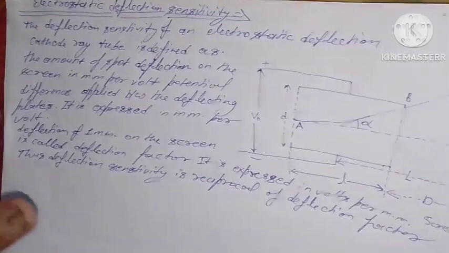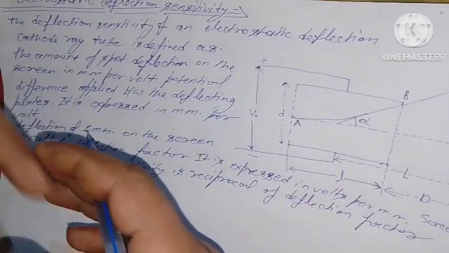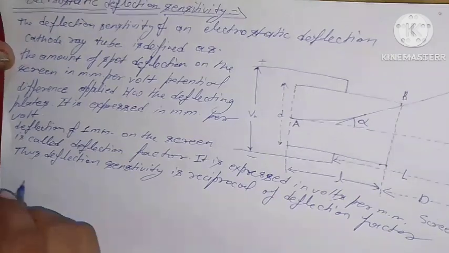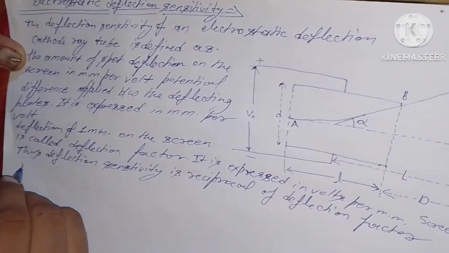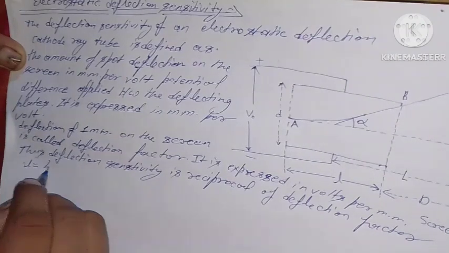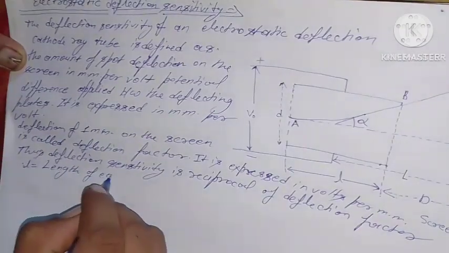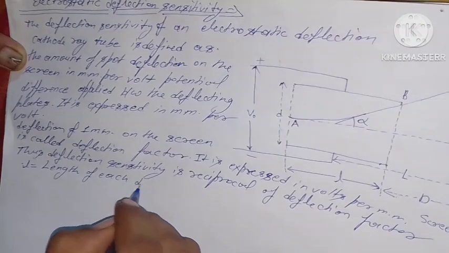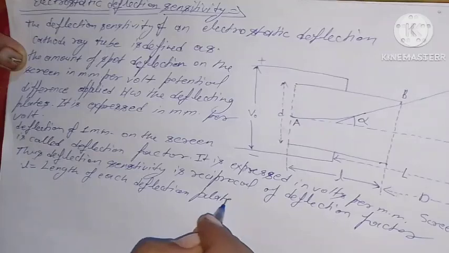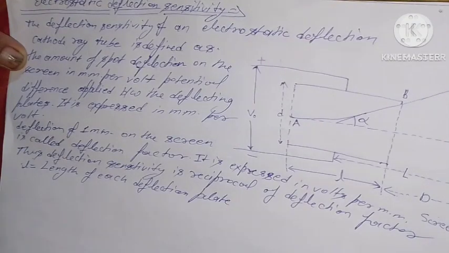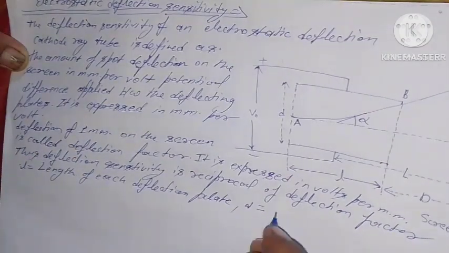Okay. To calculate the expression for electrostatic deflection sensitivity, let L be the length of each deflection plate, and d is the distance between the plates.